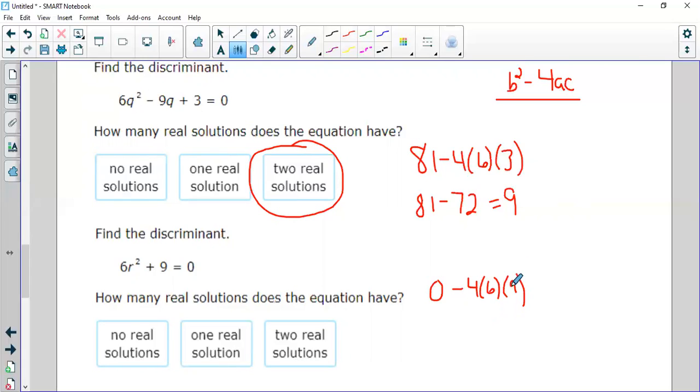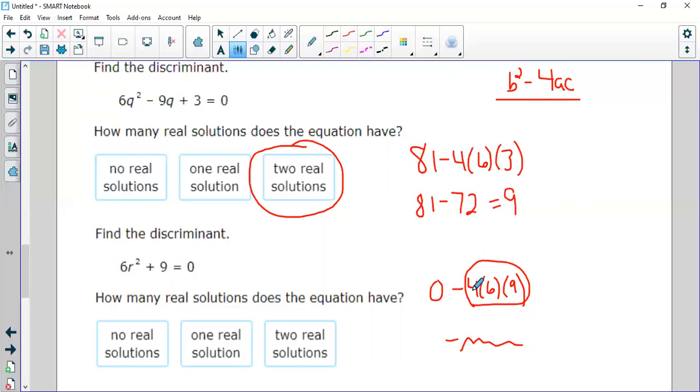You can calculate what the number is, but it doesn't even matter what the number is. It matters what kind of a number it is. 0 minus whatever number this gets me is going to be a negative something, really big number, whatever 4 times 6 times 9 is. Doesn't matter what the number is, but it's going to be a negative number.